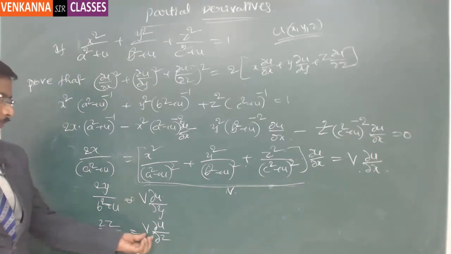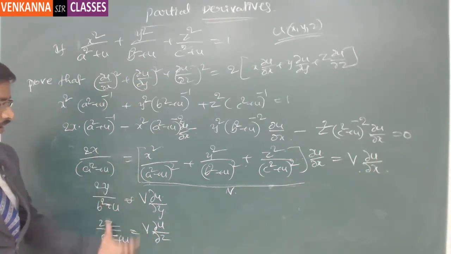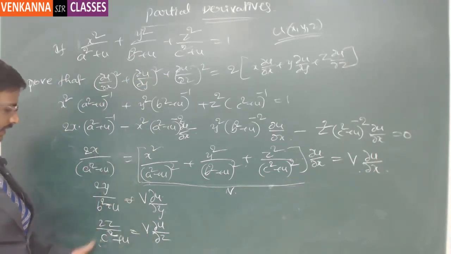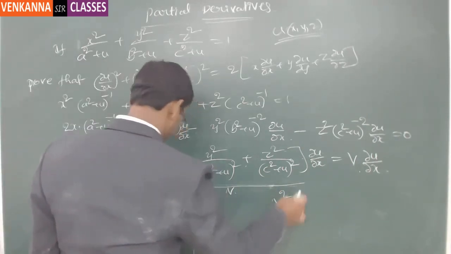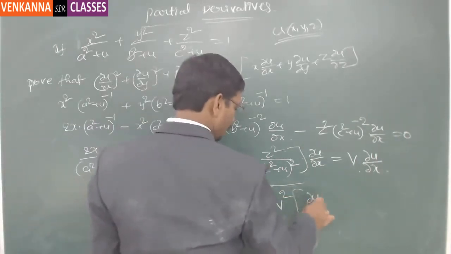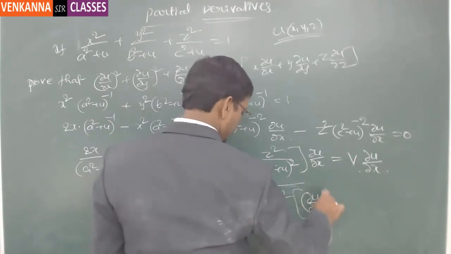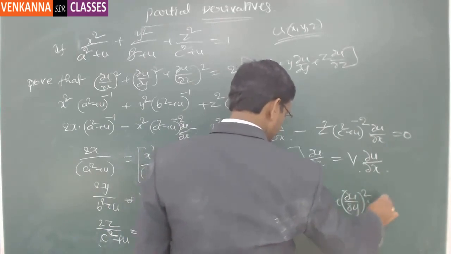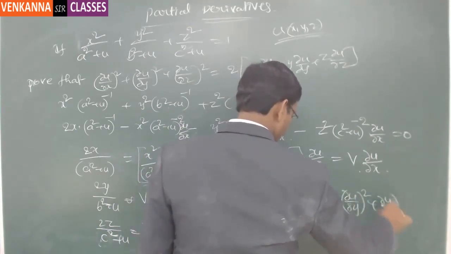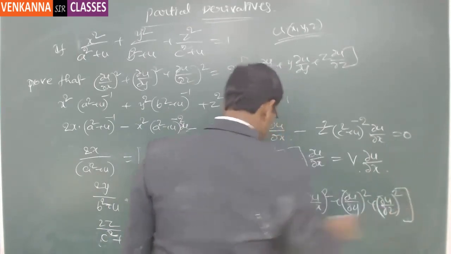Now, if you want to prove that, then you square all the things and add them. Then the right side will become v² into [(∂u/∂x)² plus (∂u/∂y)² plus (∂u/∂z)²].